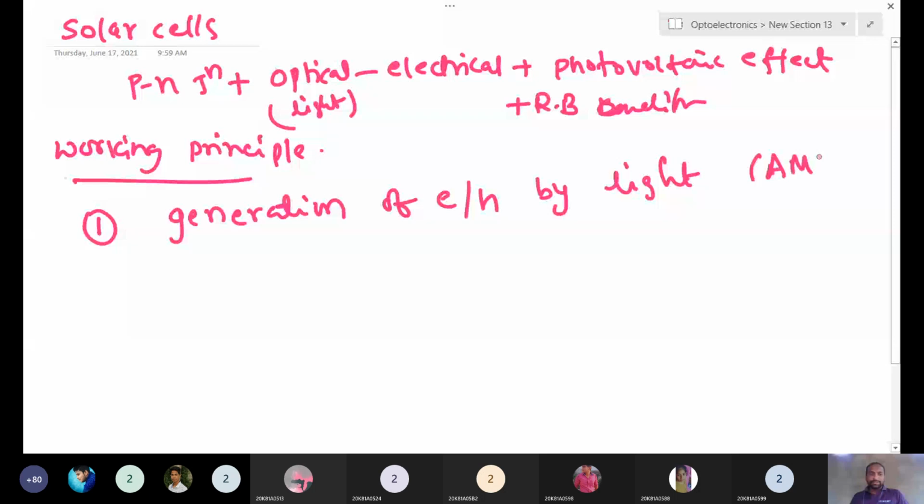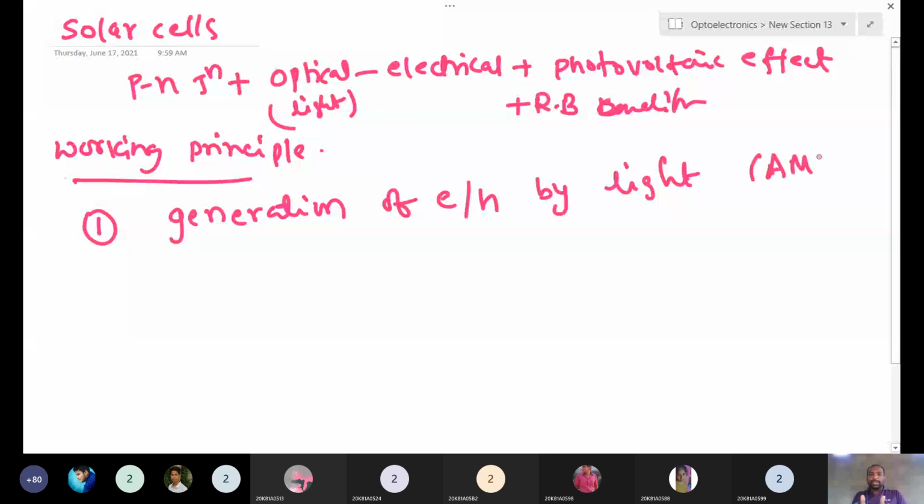The third thing is collection of charge carriers. After separating, we collect these electrons and holes by metal contacts. So the first step is generation of electron holes by shining light. The second step is to separate them immediately using the internal electric field.